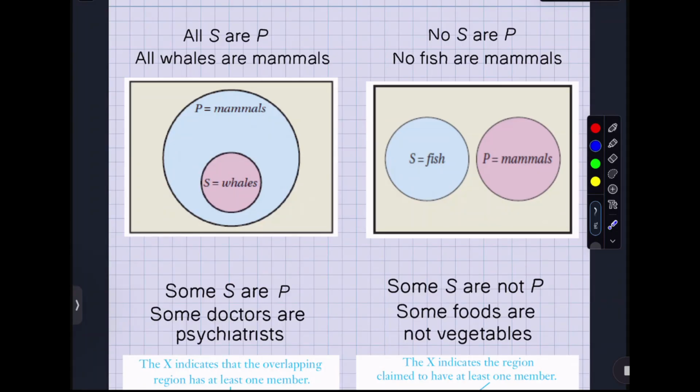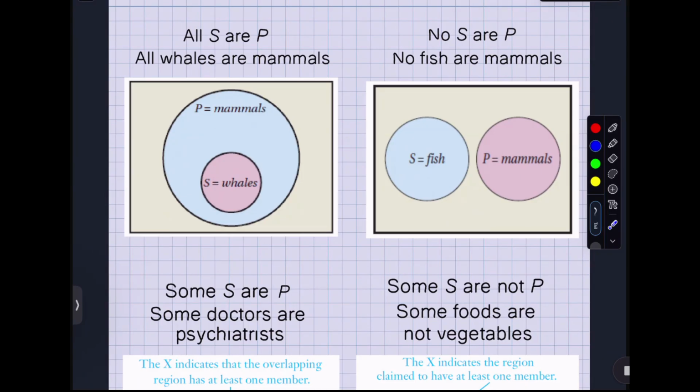But since it's completely inside, that means all. That pink circle basically is the world of whales, all whales. Make sense? Since it's inside the blue, that means it's inside the mammals family. So all whales are mammals.